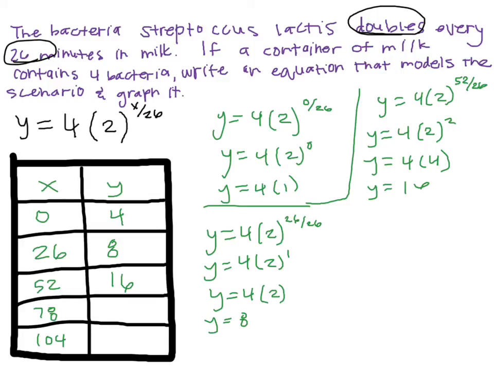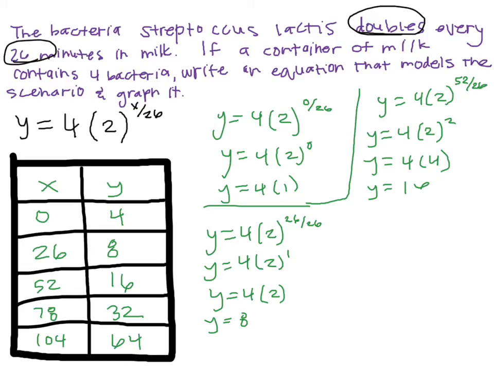So you'll see if I would have chosen something like 4 to put in place of this x value, I would have 4 over 26, which reduces to 2 over 13. And that just makes things way too difficult. So choose things that will give you a nice exponent. If you finish substituting these values, we'll find out that when x is 78, y is 32. And when x is 104, y is 64.